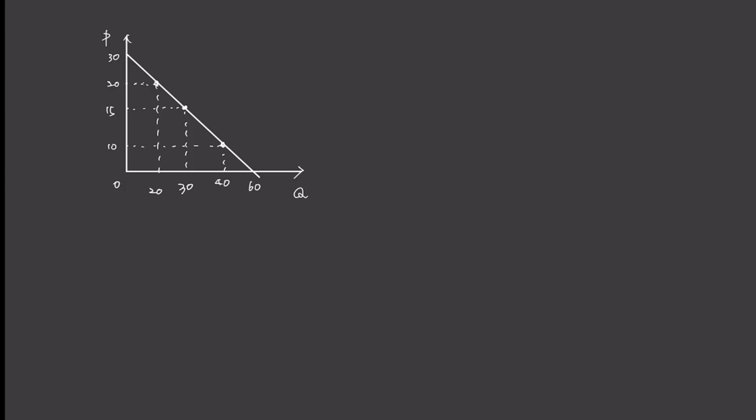The demand function itself, Q is a function of price, right? We draw Q as negative something times P plus some constant as an intercept. So usually it is like this, right? If P is equal to 0, then Q is 60 right here. So the point (60, 0) is right here.